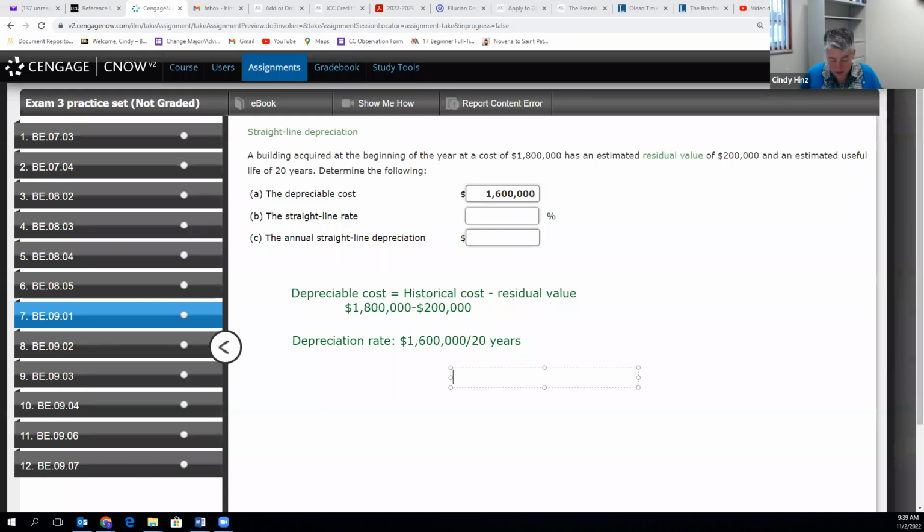So they want this as a percentage. What we are recording then is 1/20th, or 5%, of that cost each year. And as I jumped ahead in my calculation there, the annual straight line depreciation then would be 5%, or 1/20th, of that 1.6 million, or $80,000.